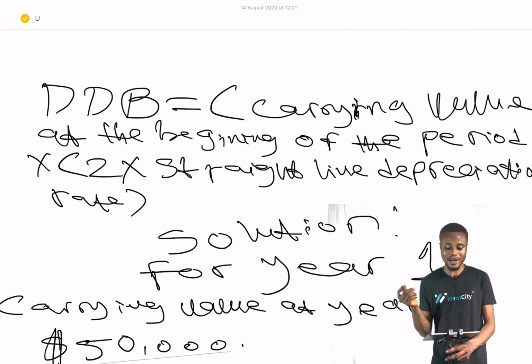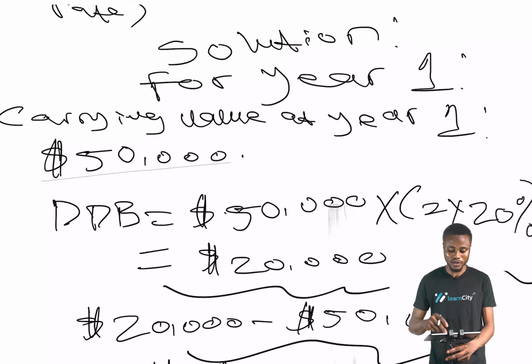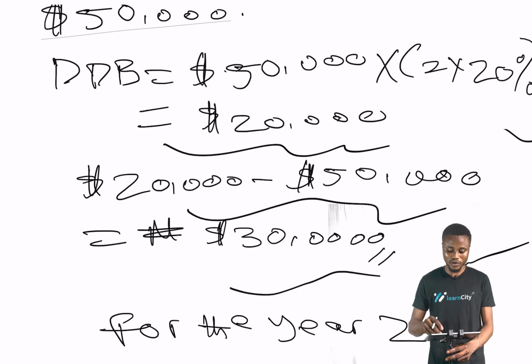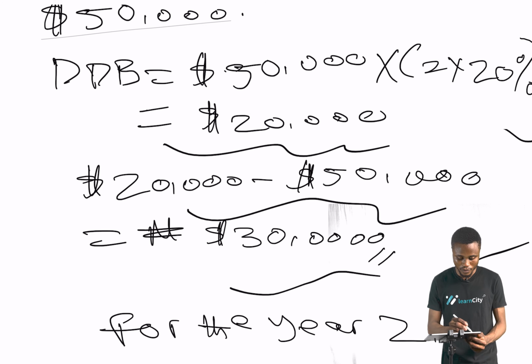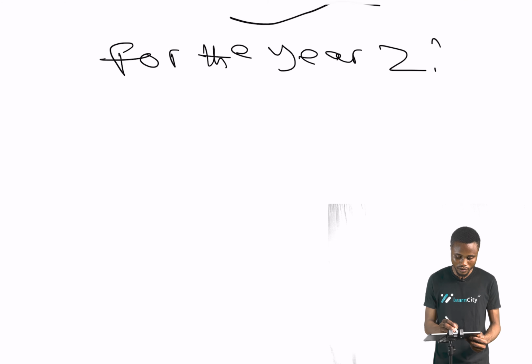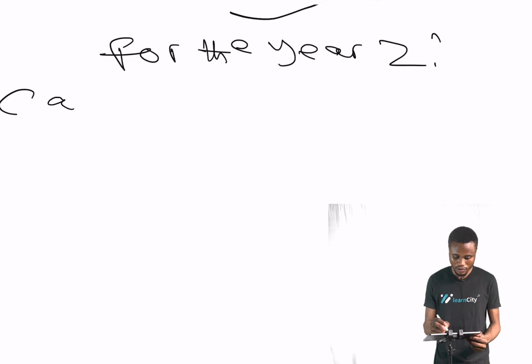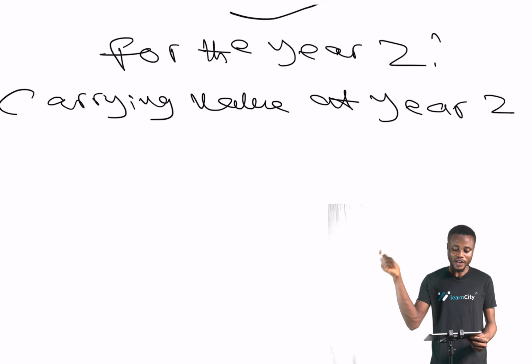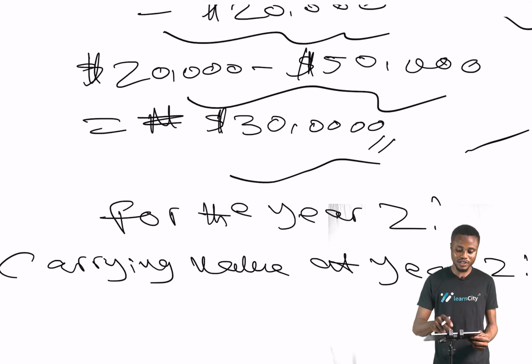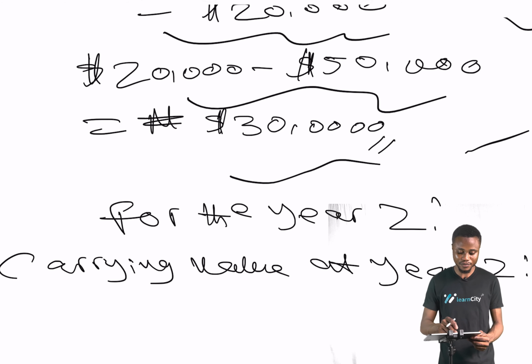We are going to use the amount we calculated for the first year. The carrying value at year two will be the ending value for year one. You bring this 30,000 US dollars, okay?